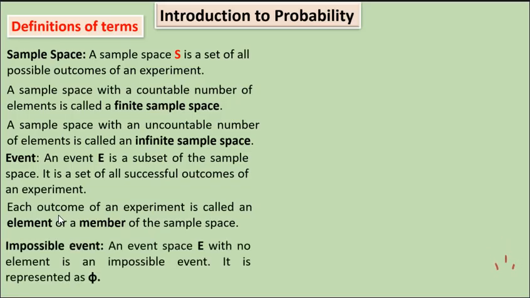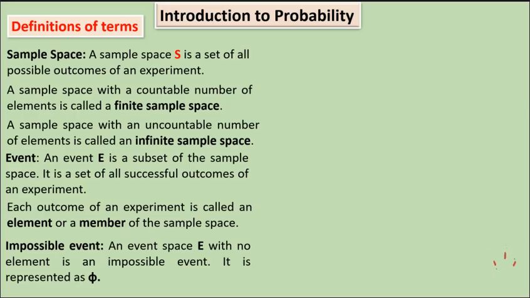Now, having seen that, an event can be certain or impossible. Number one, impossible event. An event space E with no element is an impossible event. If it's not possible, it's an impossible event.